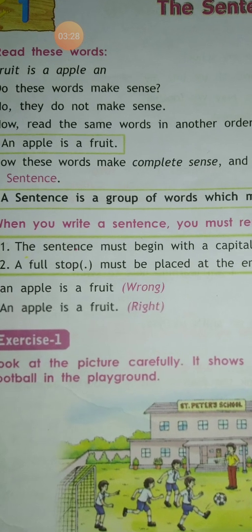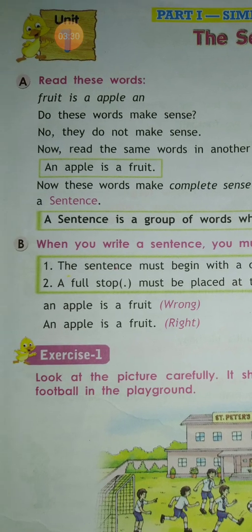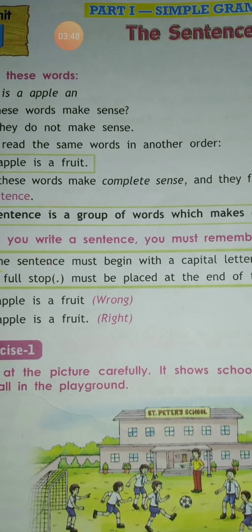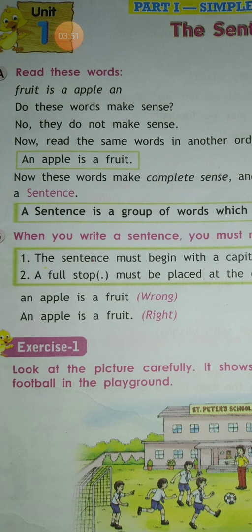See students, here also, if you can see what is written: fruit is a apple and. Do you understand anything by these random words? They are individually different words. Do these words make sense? No, they do not make sense. Now, read the same words in another order. An apple is a fruit.